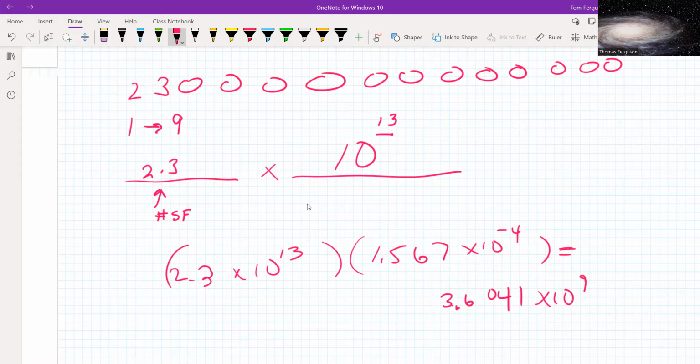By the way, you can use your phones except on the tests. I think they do it differently. I don't think they have an EE. They always do things differently. So what's the answer?